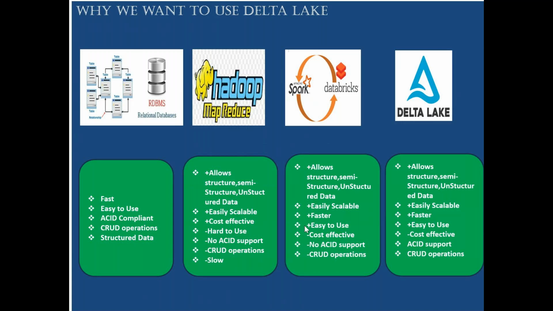Delta Lake supports structured, semi-structured, and unstructured data, is easily scalable, faster, and easy to use. It is costly, but it supports ACID properties and CRUD operations. These are all the advantages that we get. Meaning all the benefits that we have with these three, we will get in Delta Lake. Able to understand it? So that's where we move on to Delta Lake.